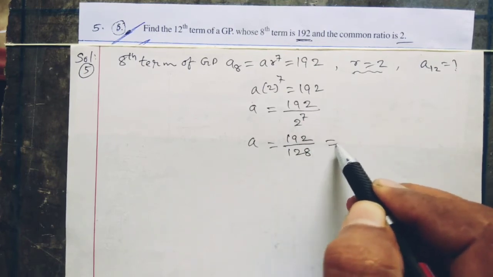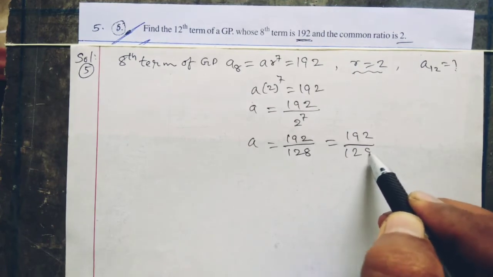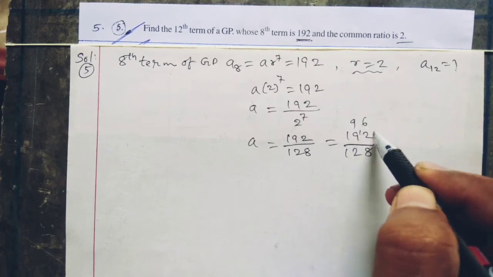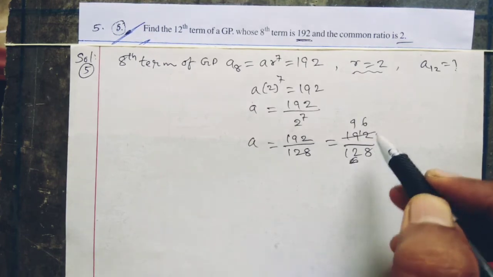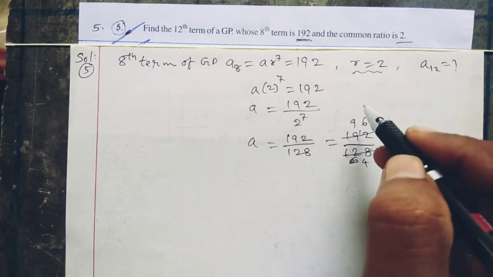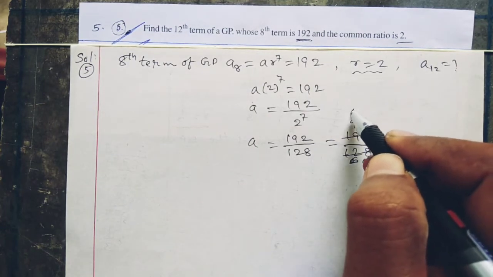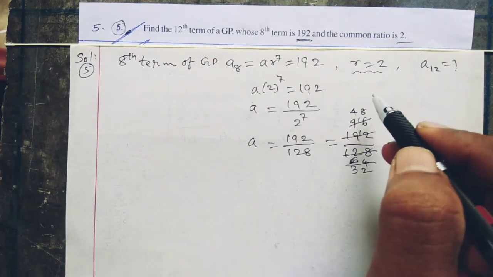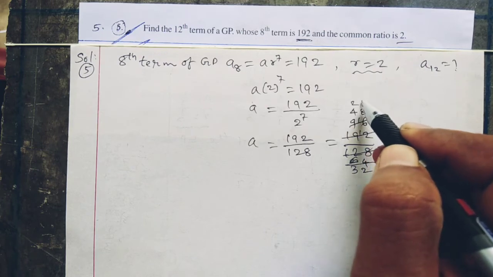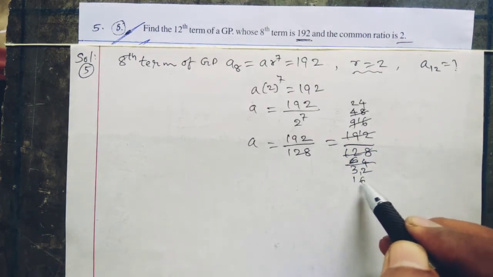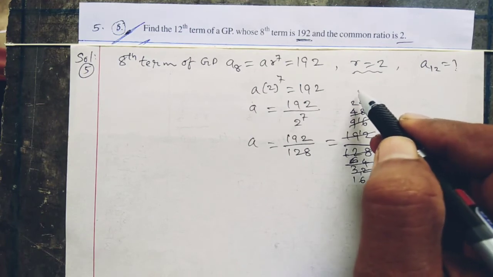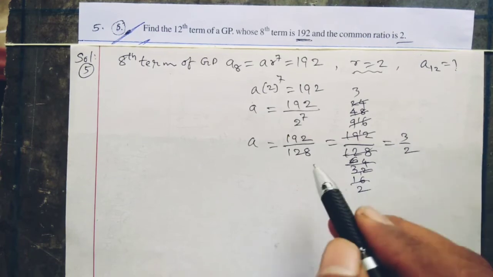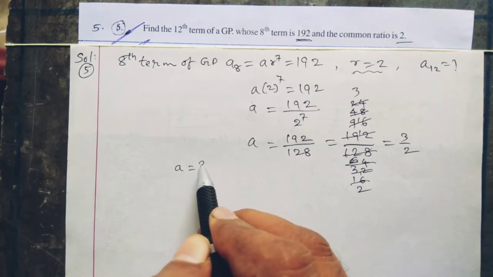We can cancel here, and we get 3 by 2. A is equal to 3 by 2.